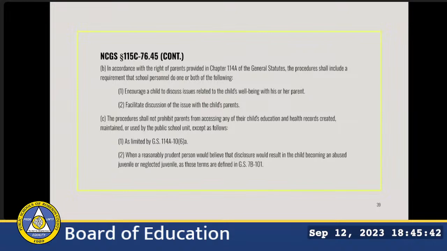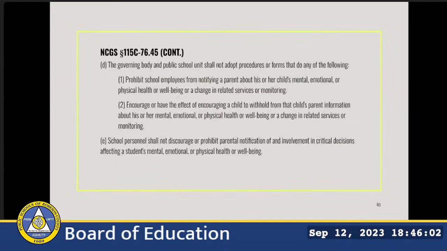Next, the procedure shall not prohibit parents from accessing any of their child's education or health records, except when a reasonably prudent person would believe that that disclosure would result in the child becoming an abused or neglected juvenile. So if it would endanger the child, then it can be withheld.